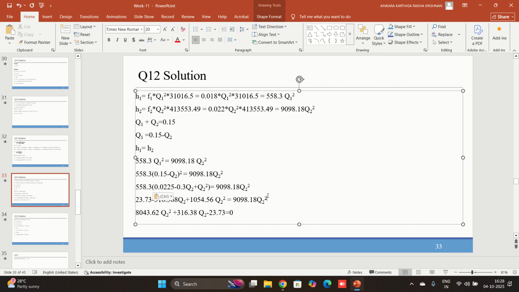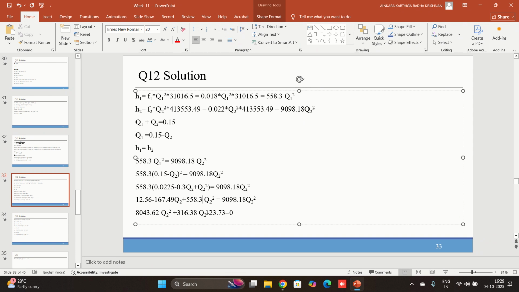So it is 558.3 into 0.0225, that is 12.56, minus 558.3 into 0.3, 167.49 Q2, plus 558.3 Q2 square, equal to 9098.18 Q2 square.